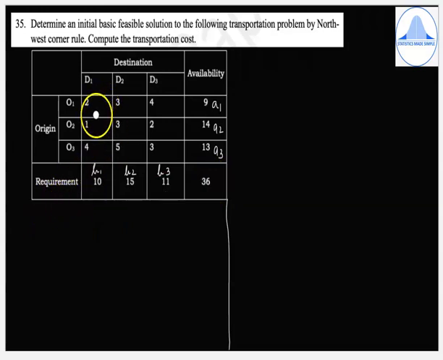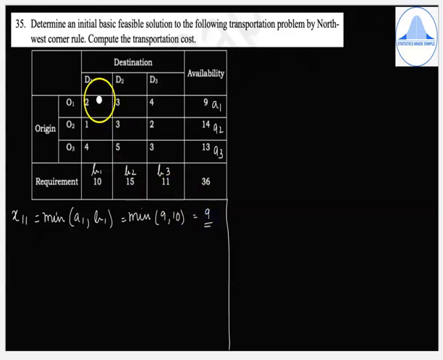So as you're all aware, this particular cell, which has the cost as 2, is cell 1,1. This is 1,2, 1,3, 2,1, 2,2, 2,3, 3,1, 3,2, and 3,3. So in the northwest corner rule, the first allocation is made in the cell 1,1. So x11 is equal to minimum of a1, b1, which is equal to minimum of 9, 10, which is equal to 9.